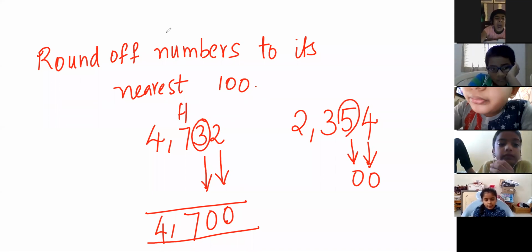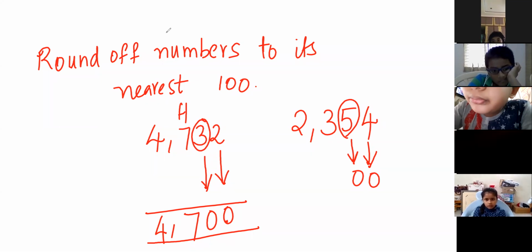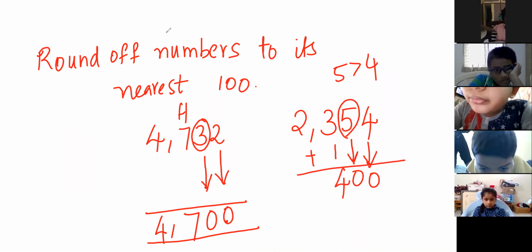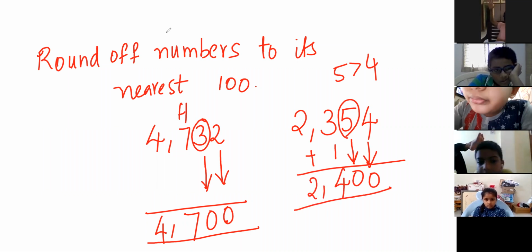Go back to the tens place digit. What is there here? 5, right? Is 5 greater than 4 or less than 4? Yes, it is greater than 4. Then immediately you add 1 in the hundreds place. 3 plus 1 is 4, and 2 remains as it is. The same 2 you have to write down.